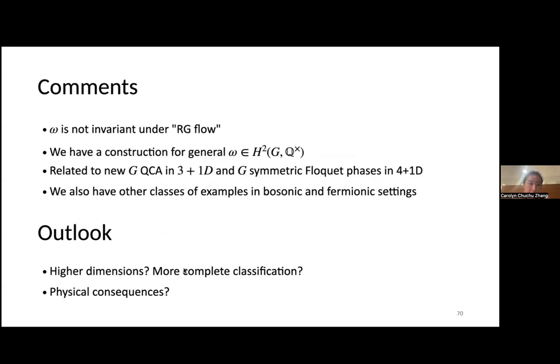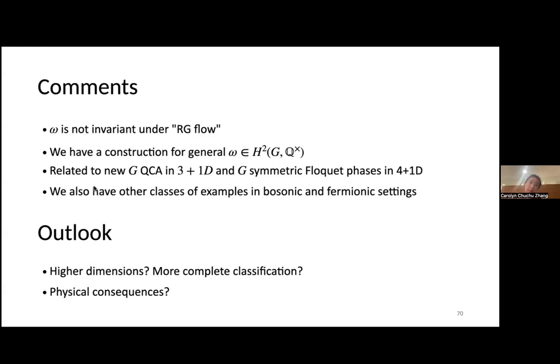So there are some comments in order. One is that this second cohomology class is not invariant under RG flow. Anomalies in the high energy context are famously useful because they are invariant under RG flow. What that means is that you can compute the anomaly structure in the UV, but it is also implemented in the IR.